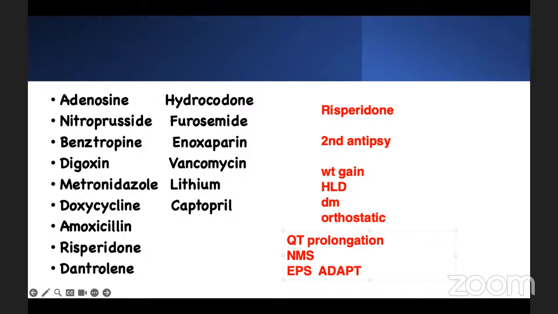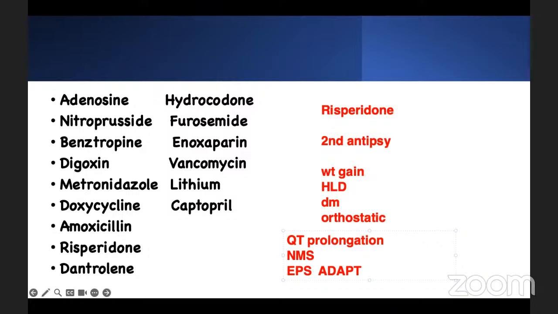In the multiple choice, they will give you weight gain, hyperlipidemia, diabetes. Forget about it. Look for QT prolongation. Look for NMS symptoms and look for EPS symptoms. And that's what you should worry about. That's the key about this medication. If they don't give you risperidone, they will give you another second generation antipsychotic, so you have to know them, so that you can use the same side effects for them.